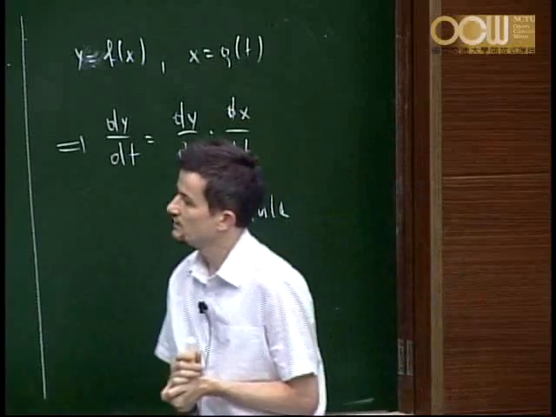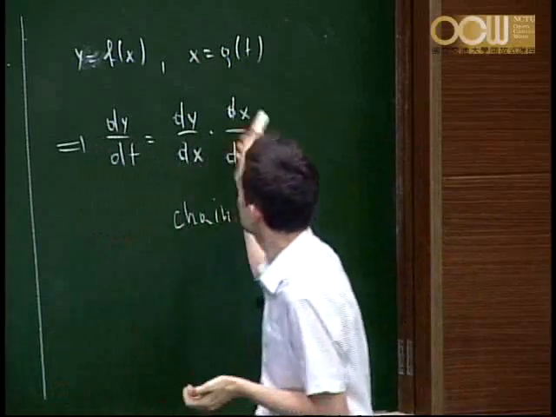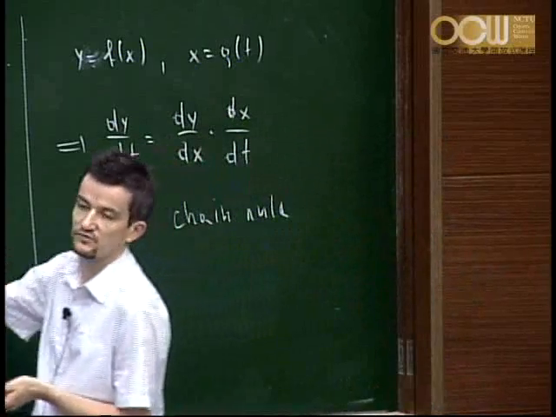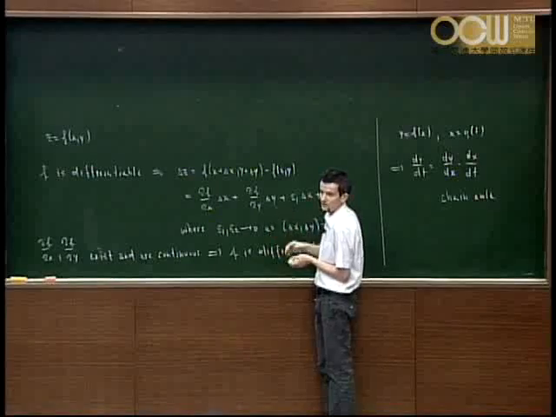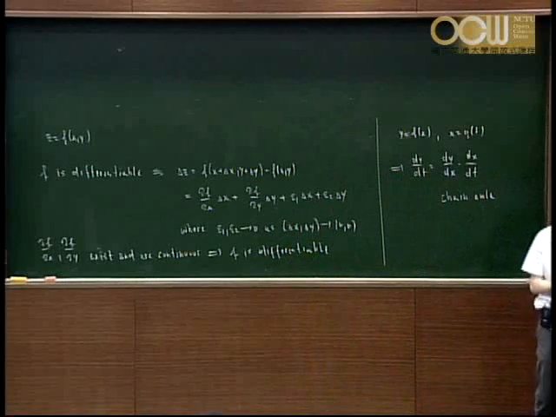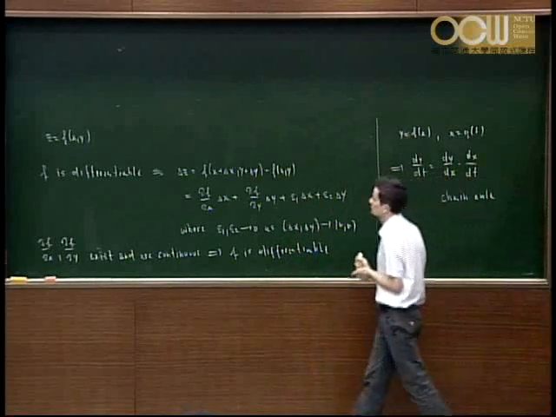So last semester, I proved this rule by using something similar to this, but for a function of one variable. If you don't remember it, you can of course take a look in your textbook.